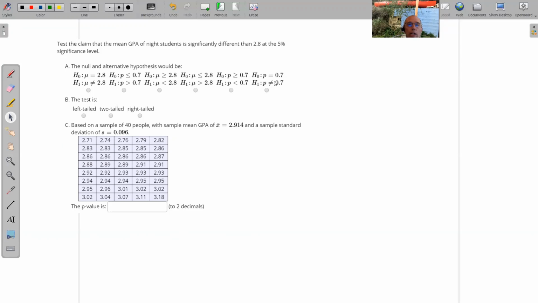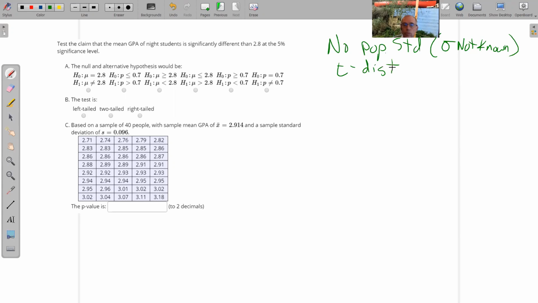Okay, so right away, I have no population STD, right? So that means, again, sigma not known. Which means I have to use a t-distribution.